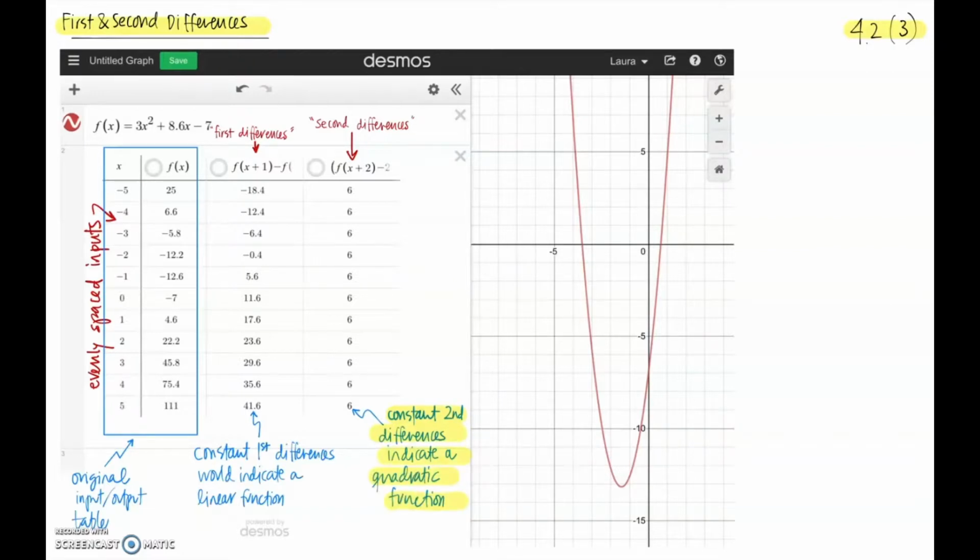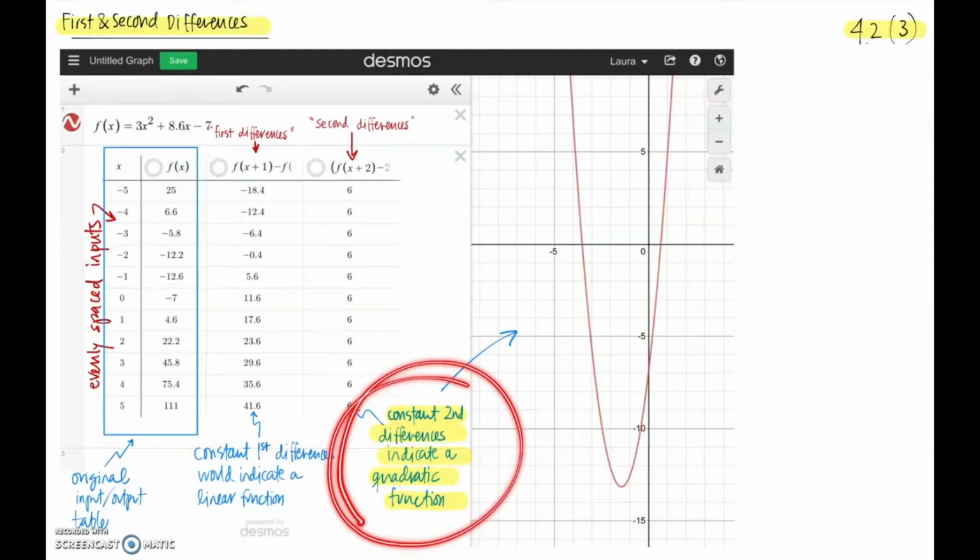We definitely did. We knew that from the beginning. But this example, I just wanted to illustrate, first of all, what these things are when you see them, these terms first and second differences, and that a constant second difference will always indicate a quadratic function.